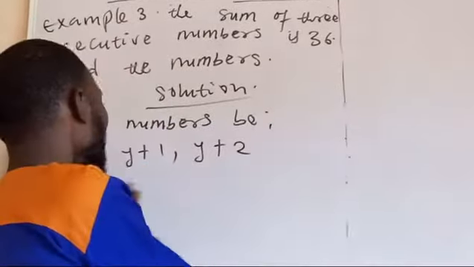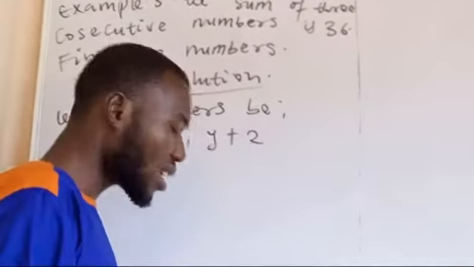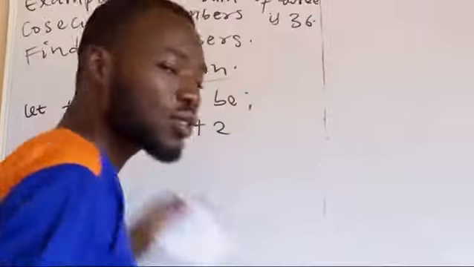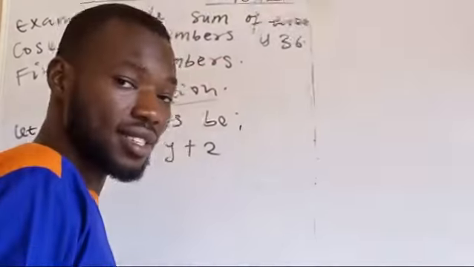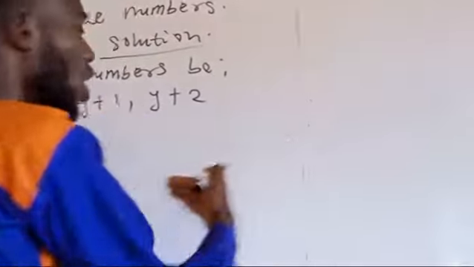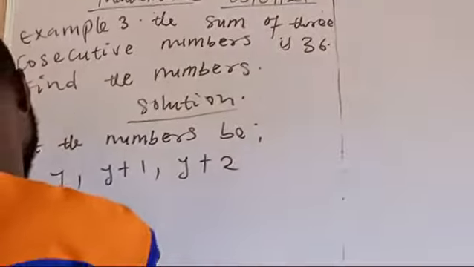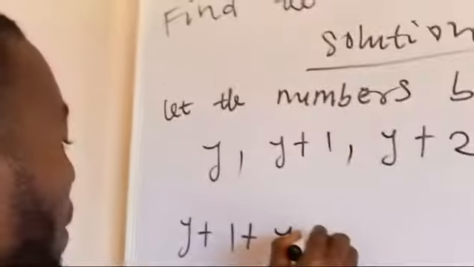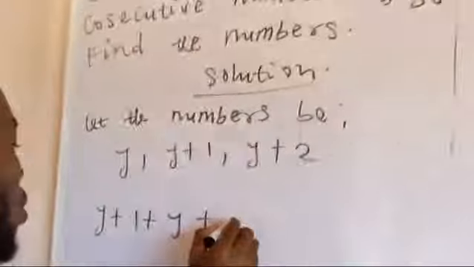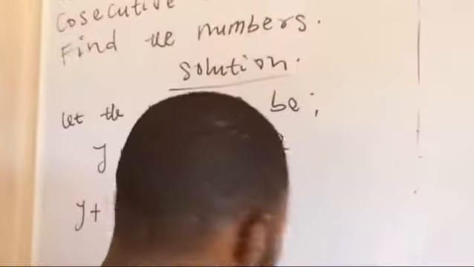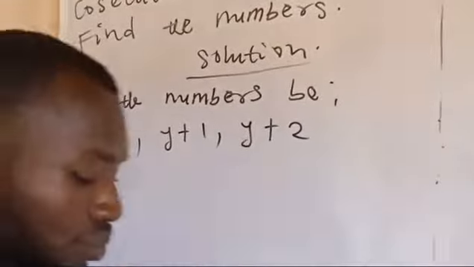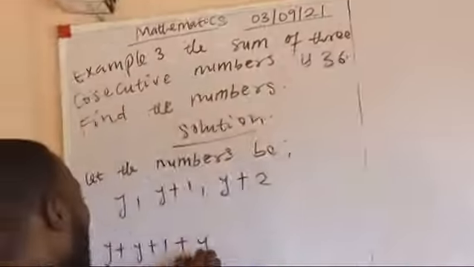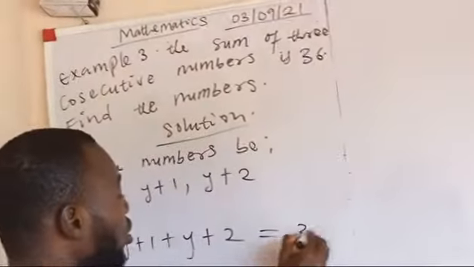We have 1, 2, 3. And they said the sum of these 3 consecutive numbers is 36. So we are going to add everything up and equate to 36. We are going to have y plus 1 plus y plus 2 is equals to 36.